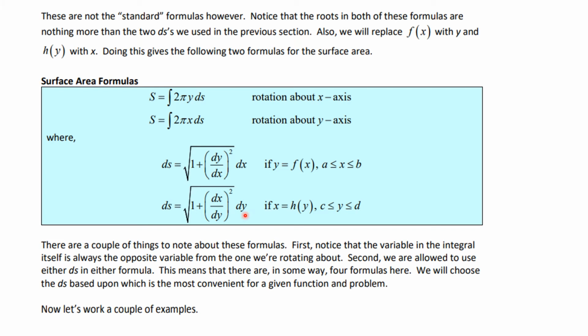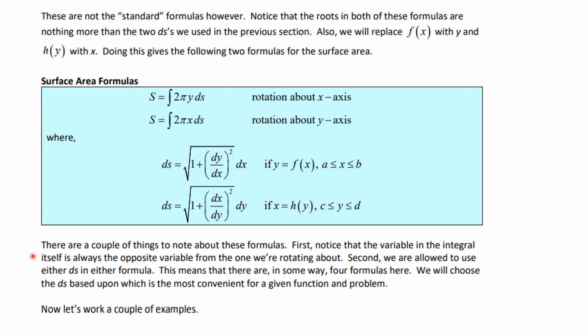You'll remember those from the previous section. So s is equal to the integral, I'm leaving off the limits here, of 2 pi y ds when I'm rotating about the x-axis, and s is equal to the integral of 2 pi x ds when I rotate about the y-axis, and these are 2 representations of ds.